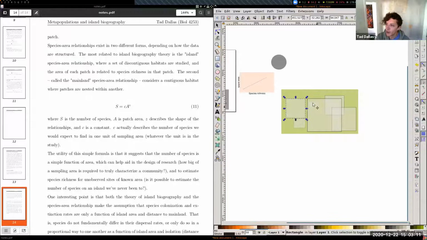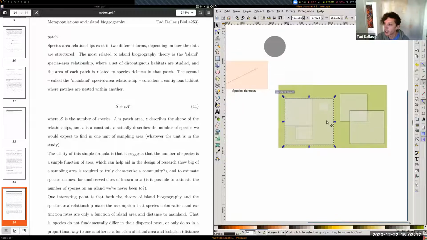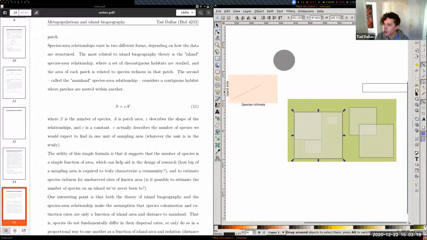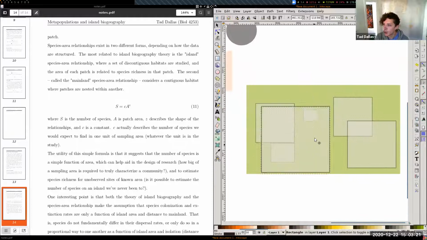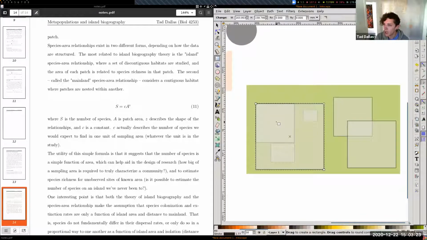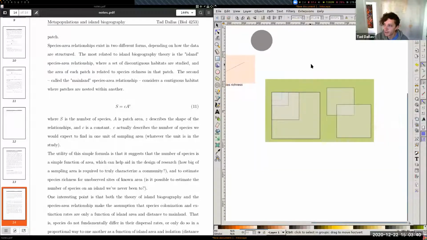And this could be randomly sampled like this, or it could also be nested subsets. What I mean by nested subsets is I sample this large overall area, then I sample this slightly smaller area, then this slightly smaller area, and then that slightly smaller area.